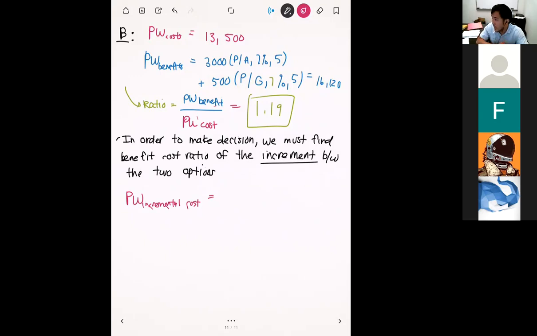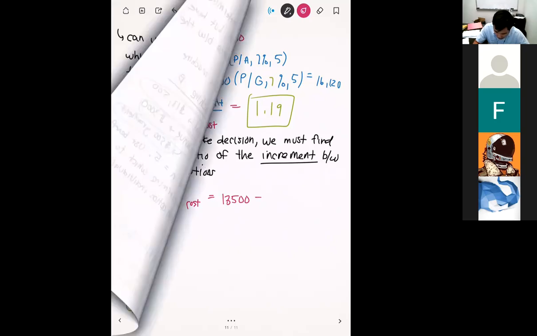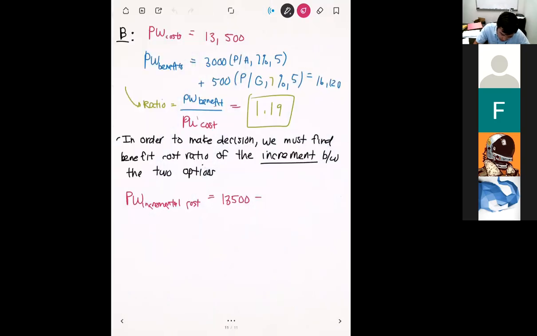We just have initial costs, so it's 13,500, the initial cost for option B, minus 10,000, the initial cost for option A. The incremental cost is just 3,500.